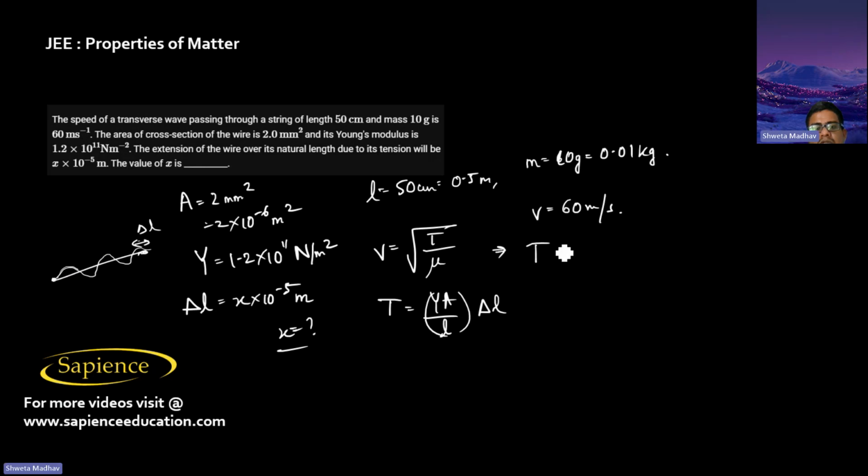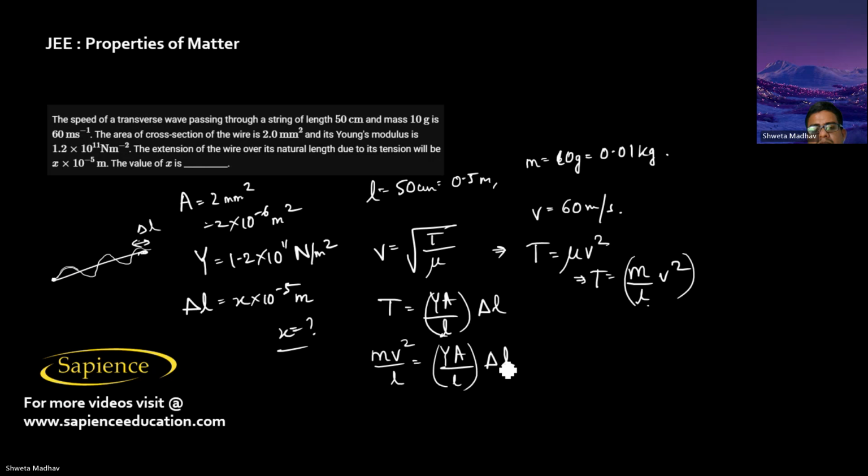So from here, tension we can find that T will be equal to mu V square, where T will be equal to M by L into V square. So this M V square by L is equal to YA by L into delta L. So L and L will get cancelled. So delta L will be mv square by YA.